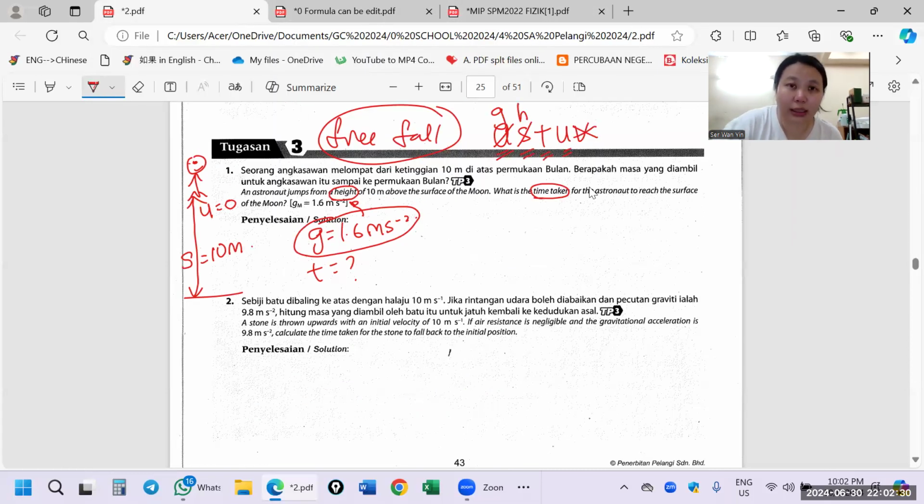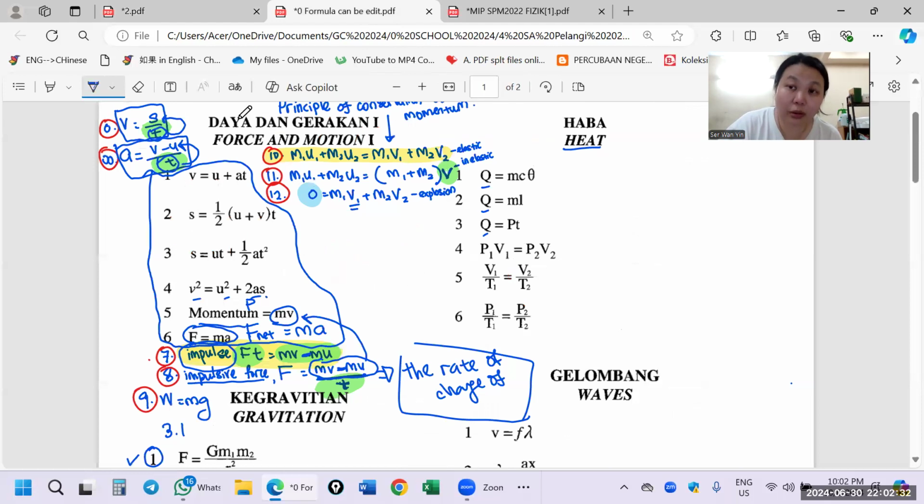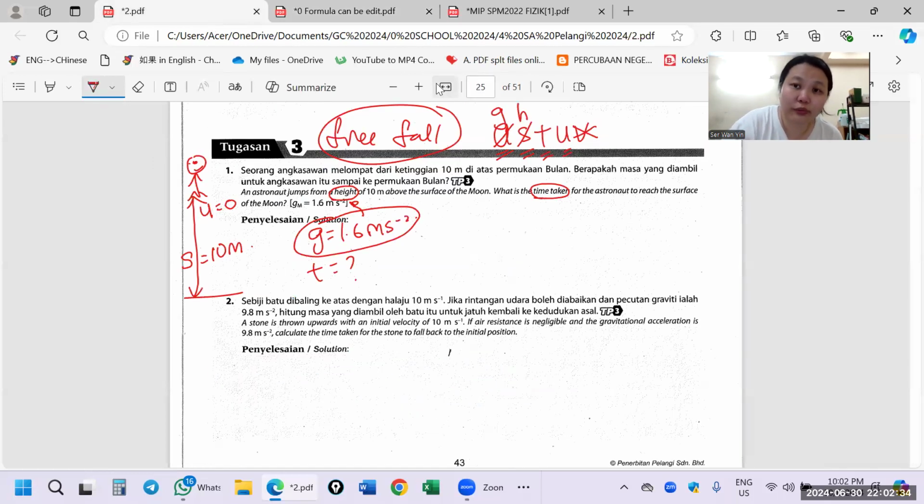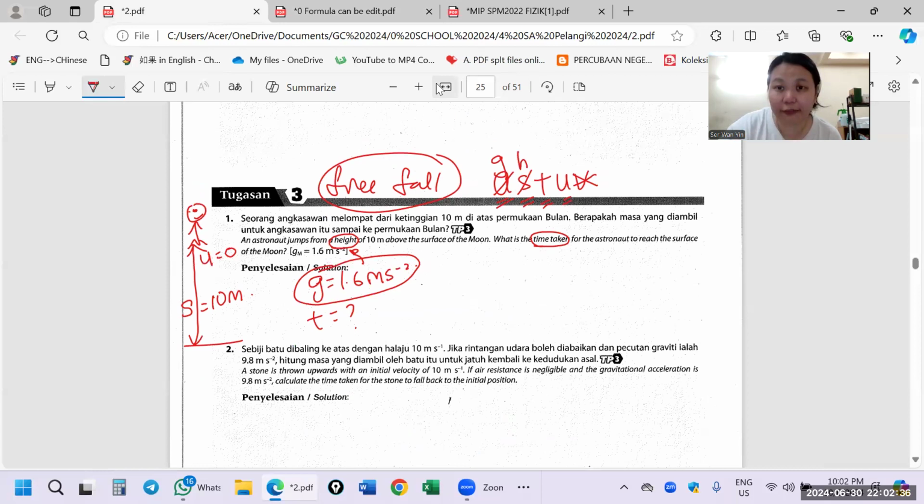We always check. These four formulas have five unknowns: A, S, T, U, V, 1, 2, 3, 4, 5. Every formula should have one unknown missing.